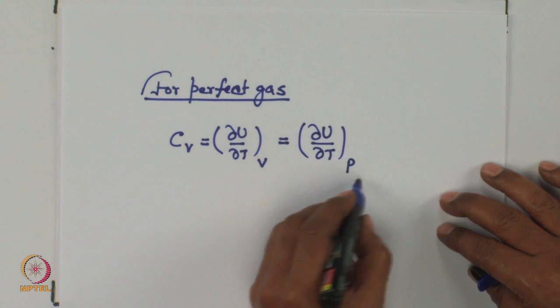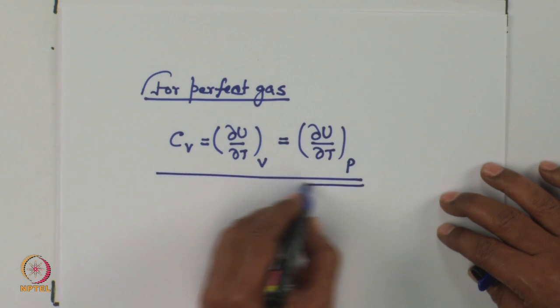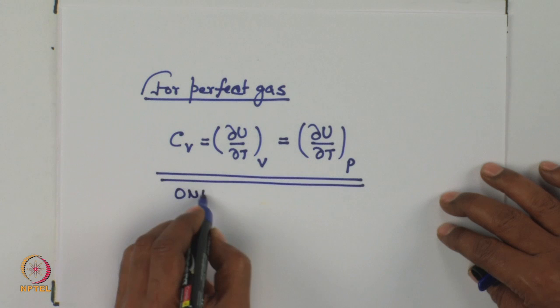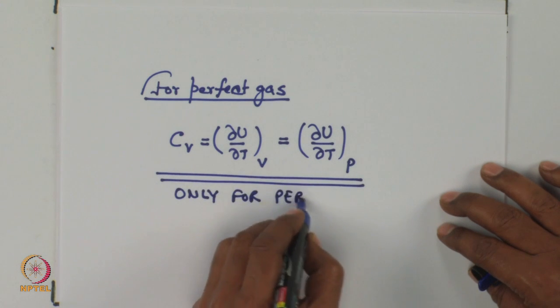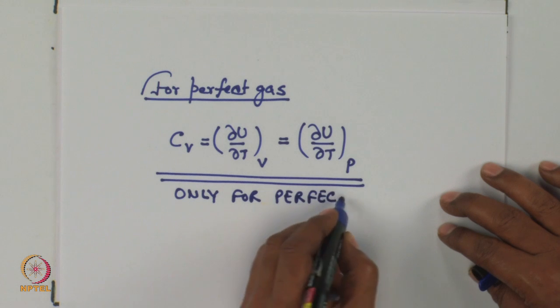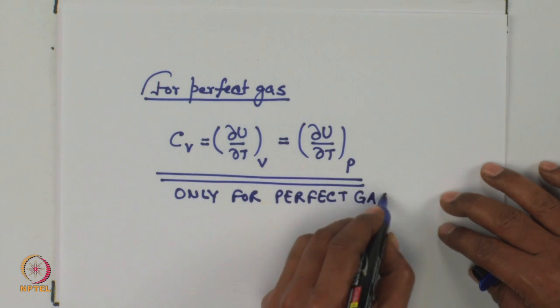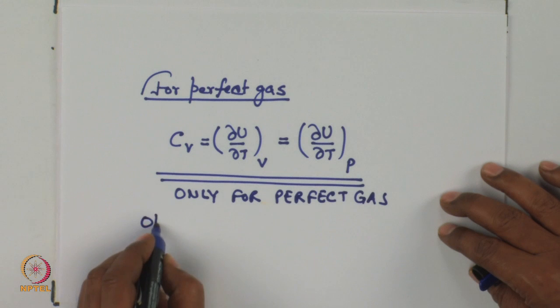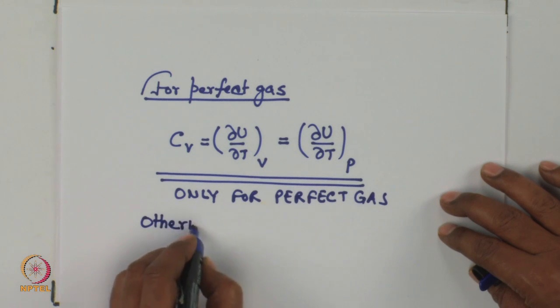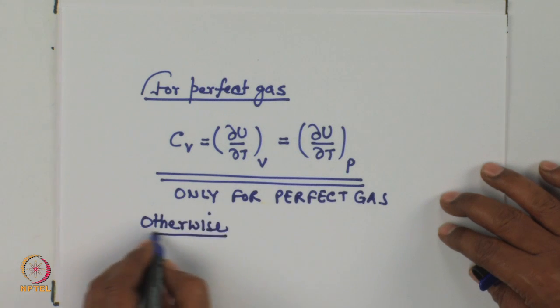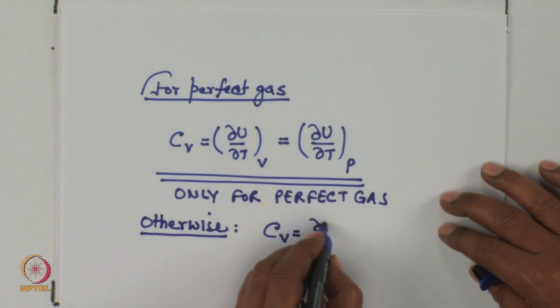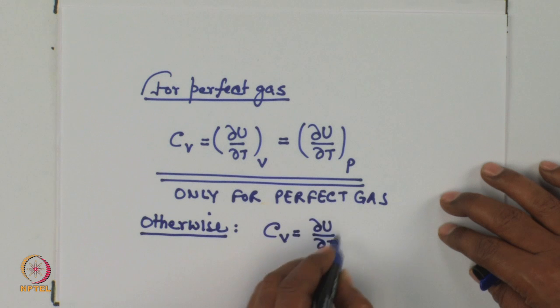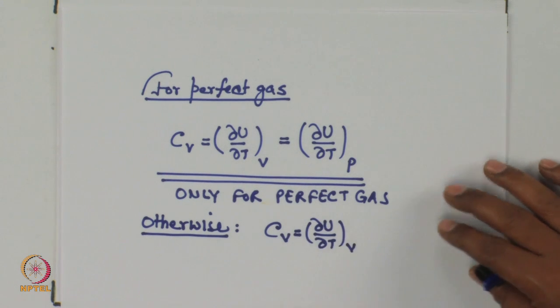Please remember, this is only for perfect gas, only for perfect gas. Otherwise, we will use the definition of Cv is equal to (∂U/∂T) at constant volume.